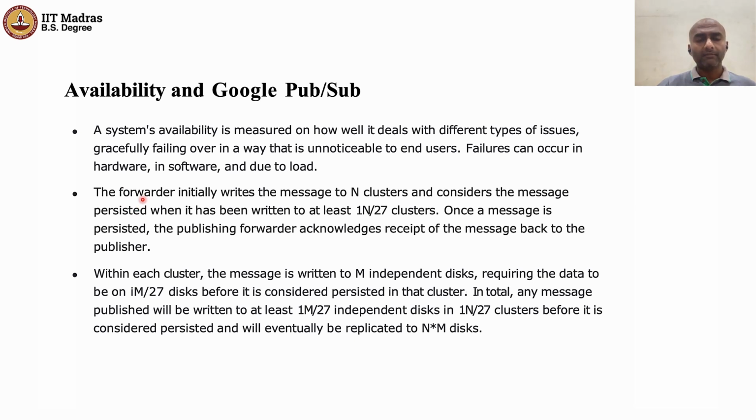So the forwarder, which is basically the server that's responsible for forwarding the data in the data plane, right? It makes sure that any set of messages that are being published is actually written to n machines in the cluster, right? And therefore, as and when the messages are getting written, at least the majority, simple majority of those clusters. So there's a typo here. It's actually going to be.